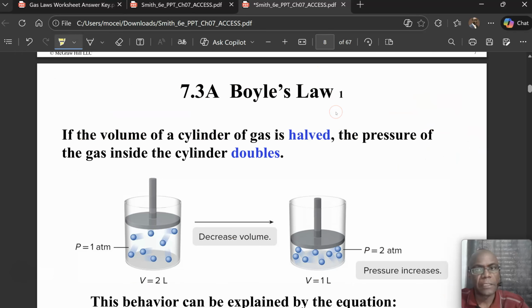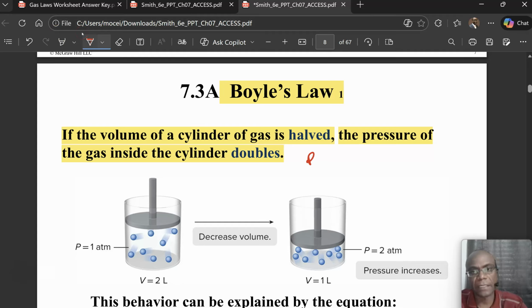We continue to discuss Boyle's law using an illustration here. If the volume of a gas cylinder is multiplied by a half, it's halved or reduced by a half, the pressure of the gas inside the cylinder should double. It's very true, because we just said that pressure is inversely proportional to volume, right?